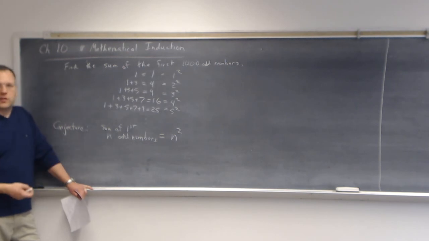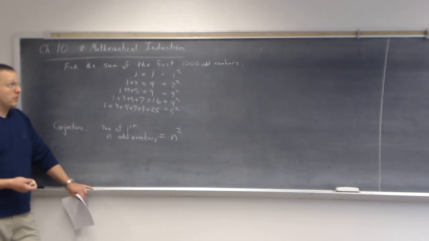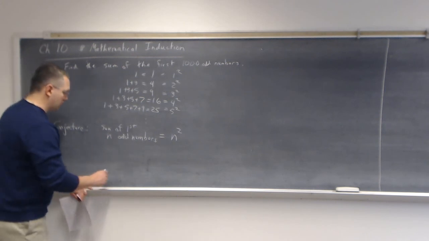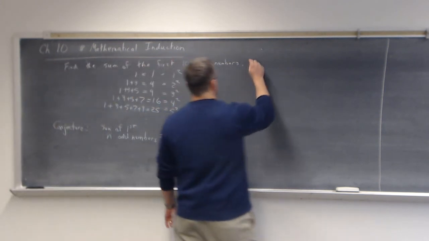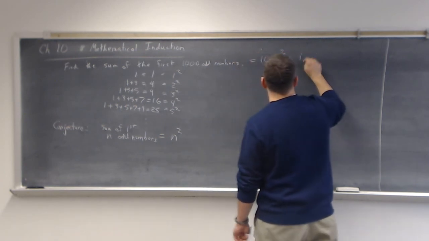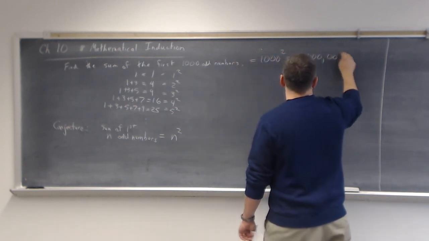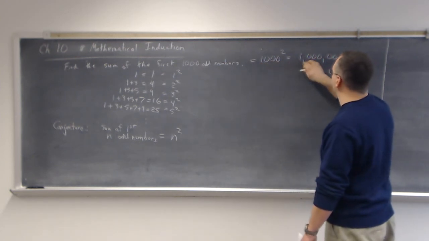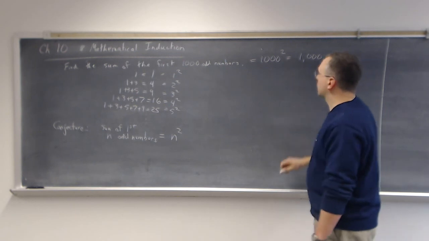You can do several more examples and convince yourself it is true. That's the fast way to add up the first 1,000 odd integers. The sum would be 1,000 squared. What is that, a billion? If you have 1 with 3 zeros times 1 with 3 zeros, you get a 1 with 6 zeros. So it's 1 million.